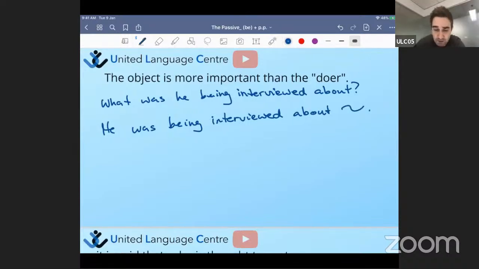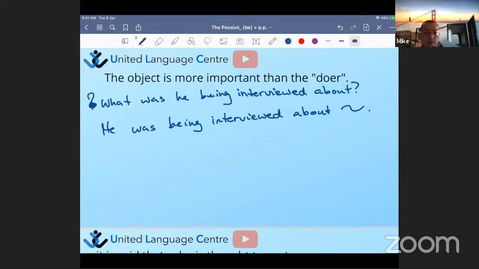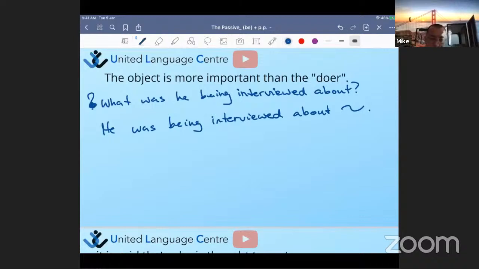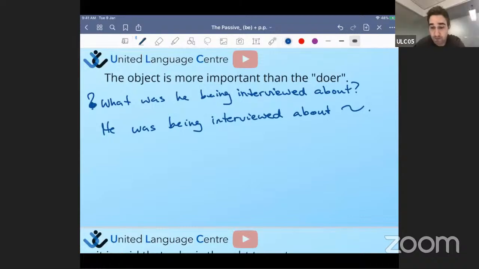So it kind of depends on the question. What was the question? The question is they were interviewing the director about the film. So that's the active sentence, right? But hold on. Wait one second.